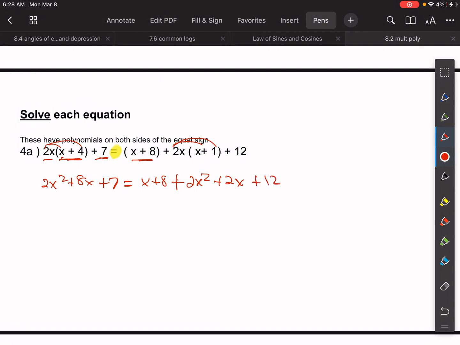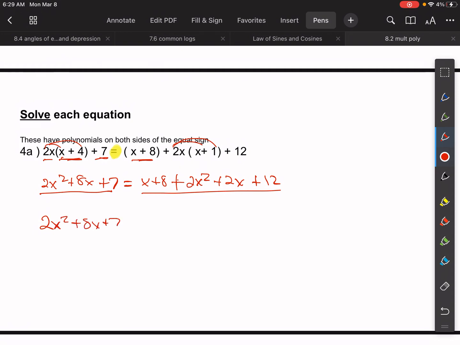Okay, so now what I have to do is I have to combine like terms. So what I do is I combine like terms on one side of an equal sign, and then I move them across equal signs if I need to. Okay, so let's do that. On this side, there's nothing that is in common. Looks like there is with the x's, but they're not the same degree, so I can't do anything with that. On this side, I can combine some things. So I'm going to just rewrite the first side.